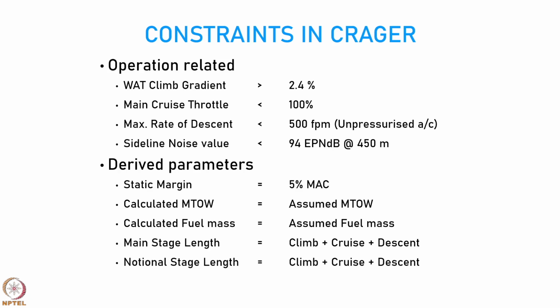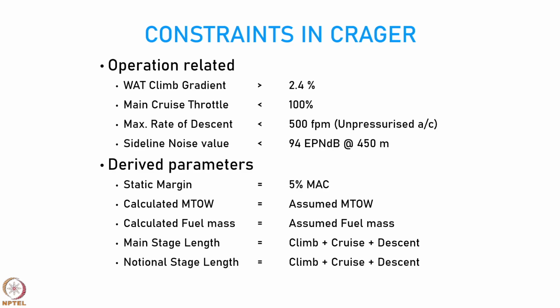And similarly, the distance that you travel, we have given some range, but you will spend some distance in climb, some distance in descent. So, the remaining is available for cruise, and we have also given a fraction of cruise. It may so happen that the 3 lengths that you do may add up to be more than the required origin destination distance.